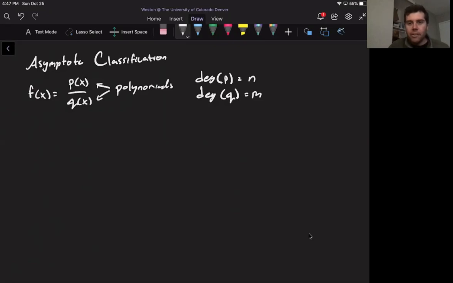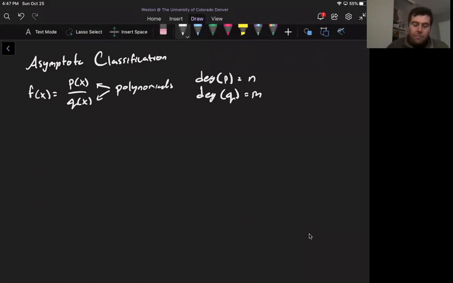And from the polynomial section, we know how to find the degree pretty quickly. It turns out that we can figure out if we have a horizontal or an oblique asymptote by solely looking at the two degrees. And by looking at the two degrees, we can get a pretty good idea of what it is.